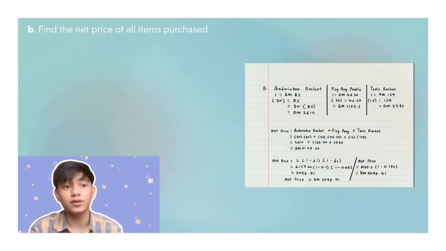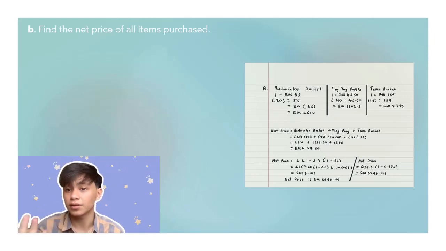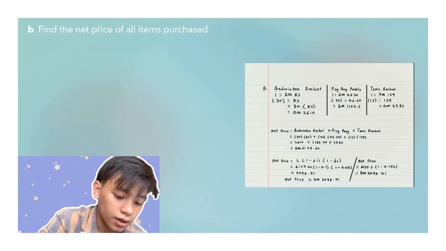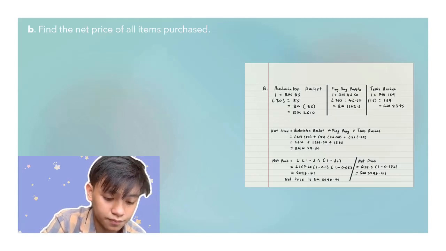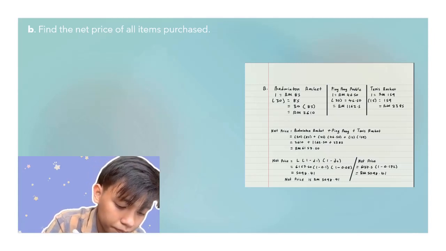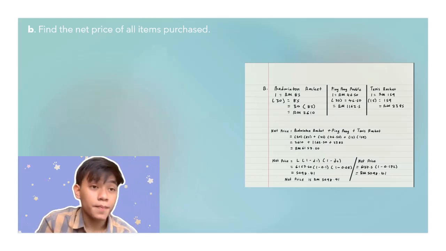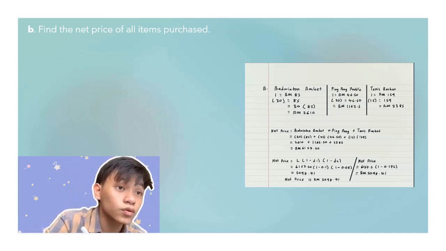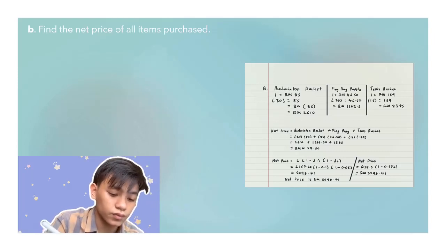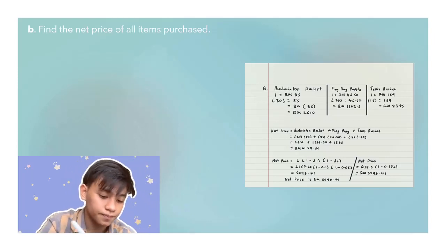There are 30 units, so we times by 30. 85 ringgit times 30 items. So the badminton rackets for all units is 2610.